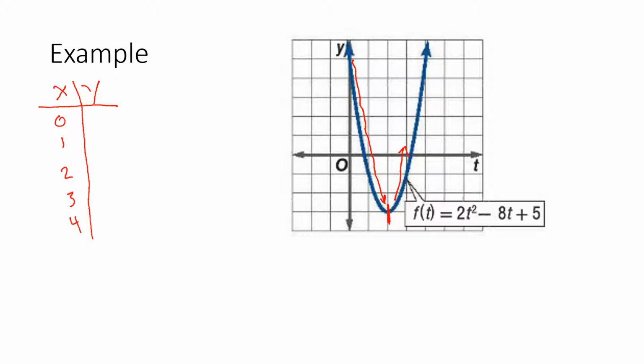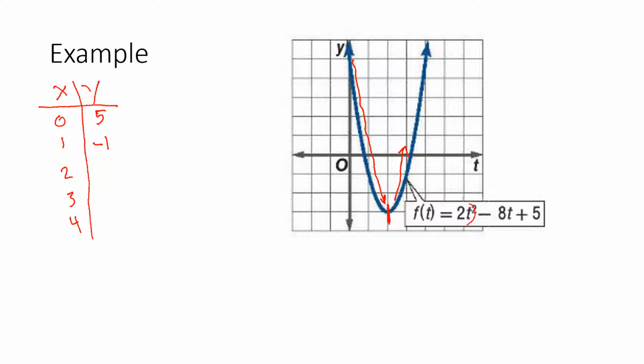Okay, so when I plug 0 in here, I get 5. If I plug 1 in here, I'm going to have 2 times 1 is 2, minus 8 is negative 6, plus 5 is negative 1. If I plug 2 in here, this is 8 because that's 4 times 2, 8 here, minus 16.